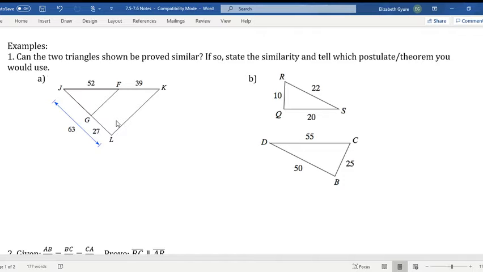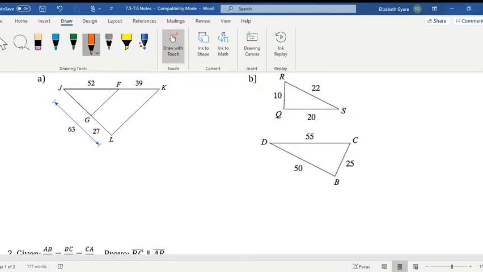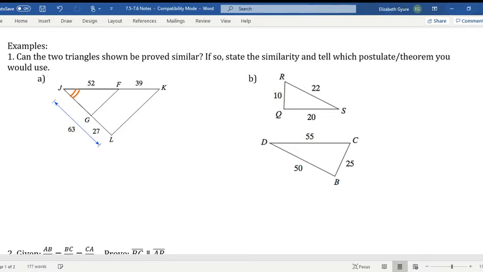Okay, good. Yeah, we definitely have a set of congruent angles here because they overlap at J. Good. So we will be able to say J is congruent to J, and you can write it down if you want, mark it in your picture if you want, or just observe it, either way. Were you going to add something to that, Braden?